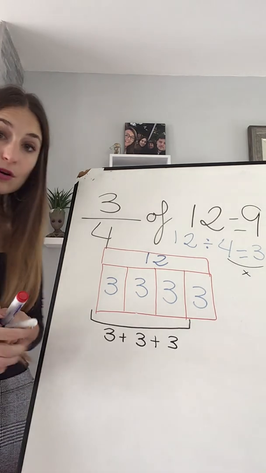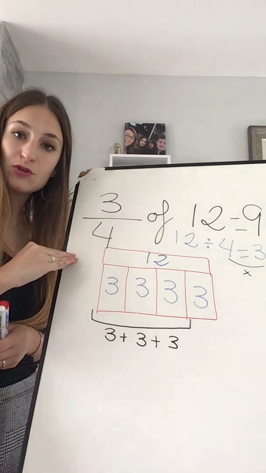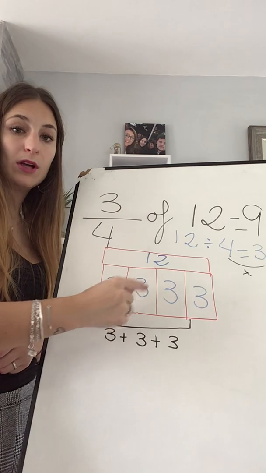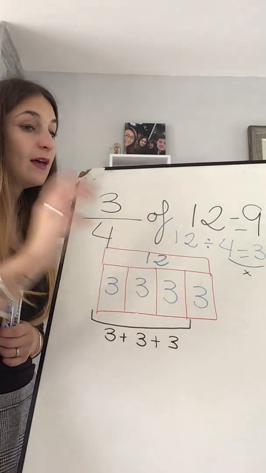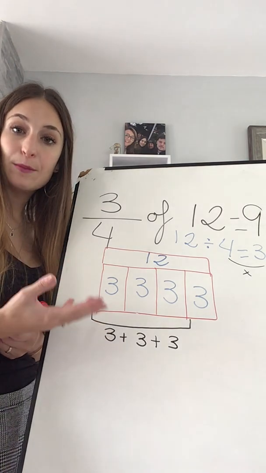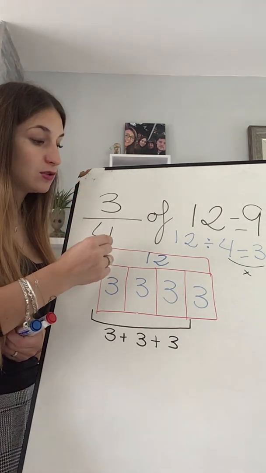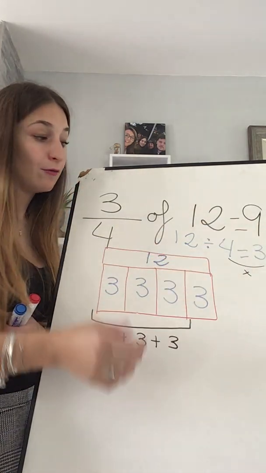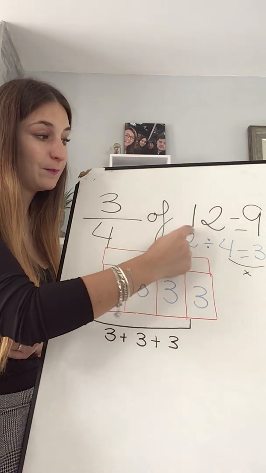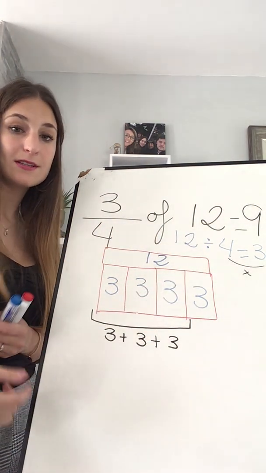Okay? And if not, you can just do the same as yesterday, the same as when we have been correcting it today. Just draw your 12 and share it equally, 1 to each square. The only problem is that you will need to do it with big amounts, for example 40. You will need to find 3/4 of 40. So you're not going to draw 40 squares. So I think that you just need to try to divide it. 40 divided by 4, and then you know how many you are going to get on each. Okay?